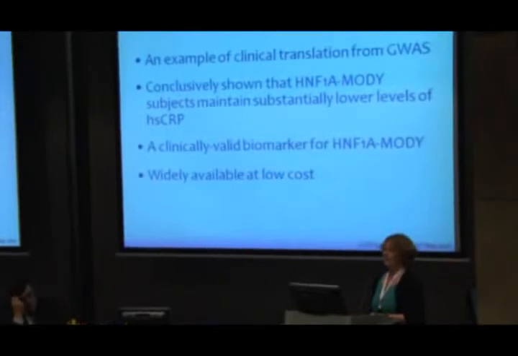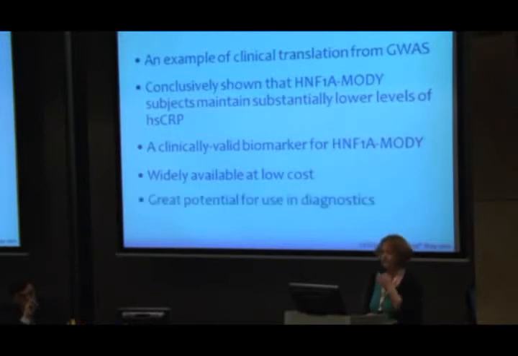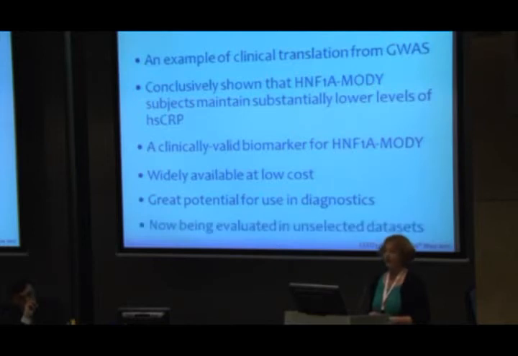A great advantage is it's widely available at low cost. It's €1 to €2 to analyse these samples. So that gives it great potential for use in diagnostics. And we're now trying to evaluate this in more unselected data sets. So watch this space.